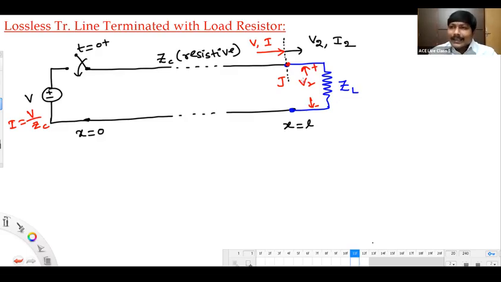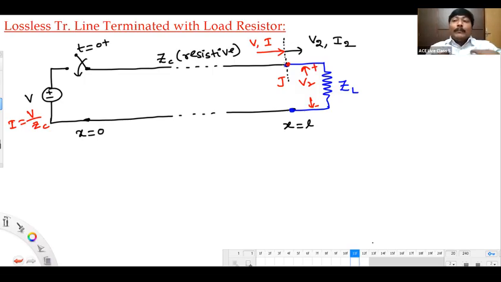Right. So I can say, in the vicinity of the junction, just after the voltage wave has reached, the resultant voltage is V2. So the voltage on the transmission line from that point onwards should be modified to V2. Practically speaking, it will change.